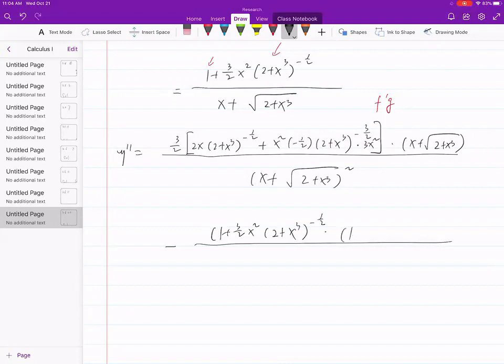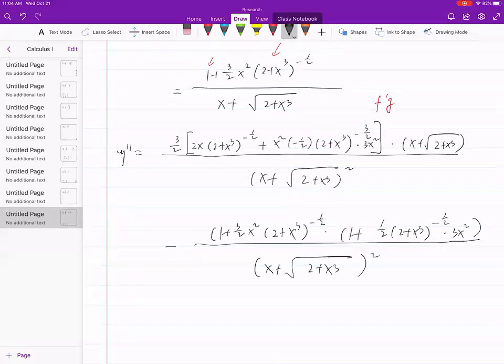Times the derivative of the bottom. Well, that's the answer. Good luck with typing.